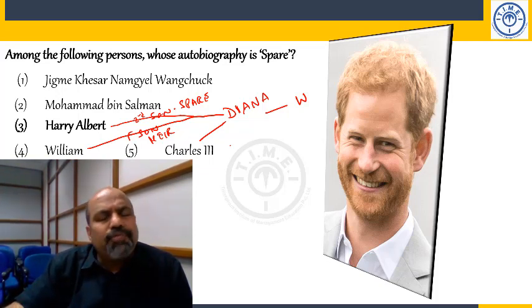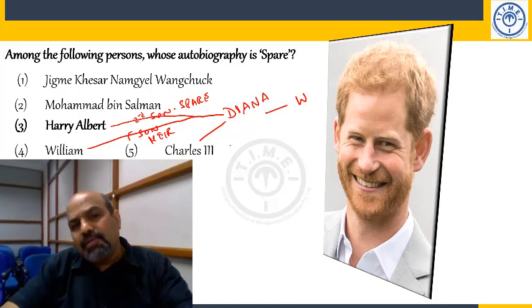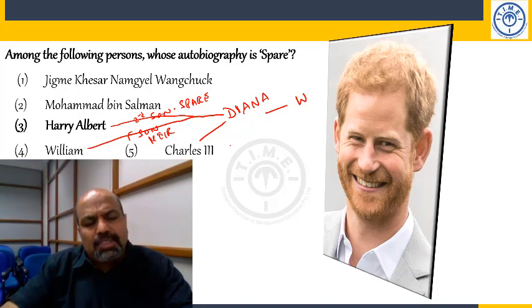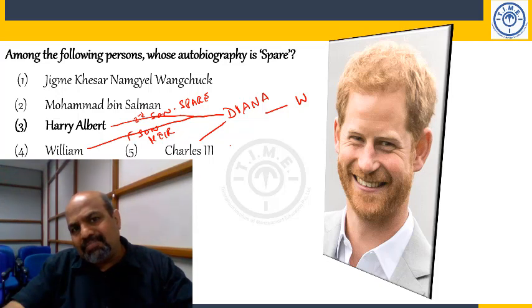He fell out with the royal family after he married an American actress named Meghan Markle. His autobiography has been panned, deeply criticized in Britain and elsewhere. Reviewers have said that he comes across as utterly selfish and vain, and he has put the royal family in a bad light.